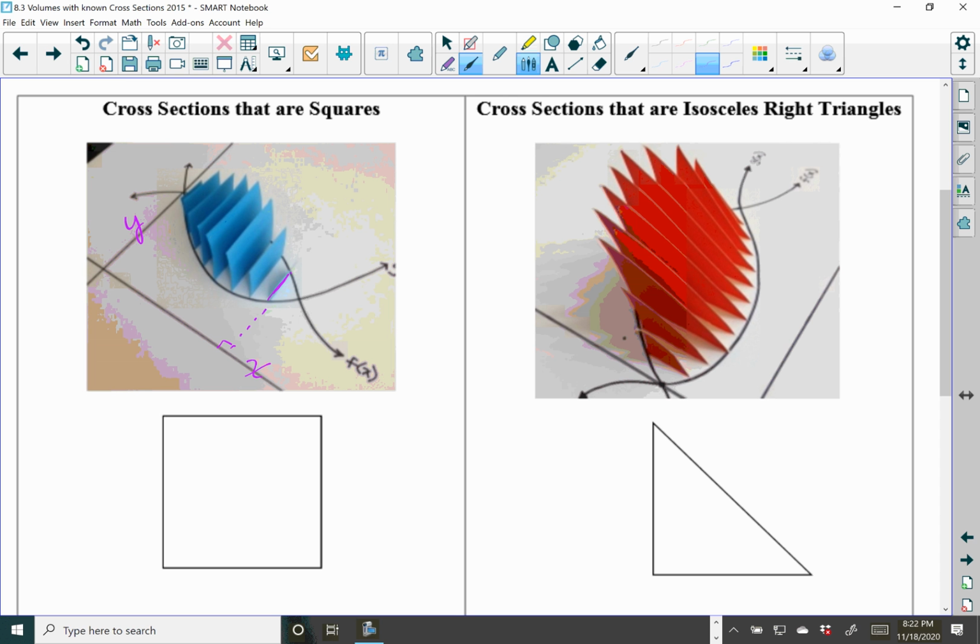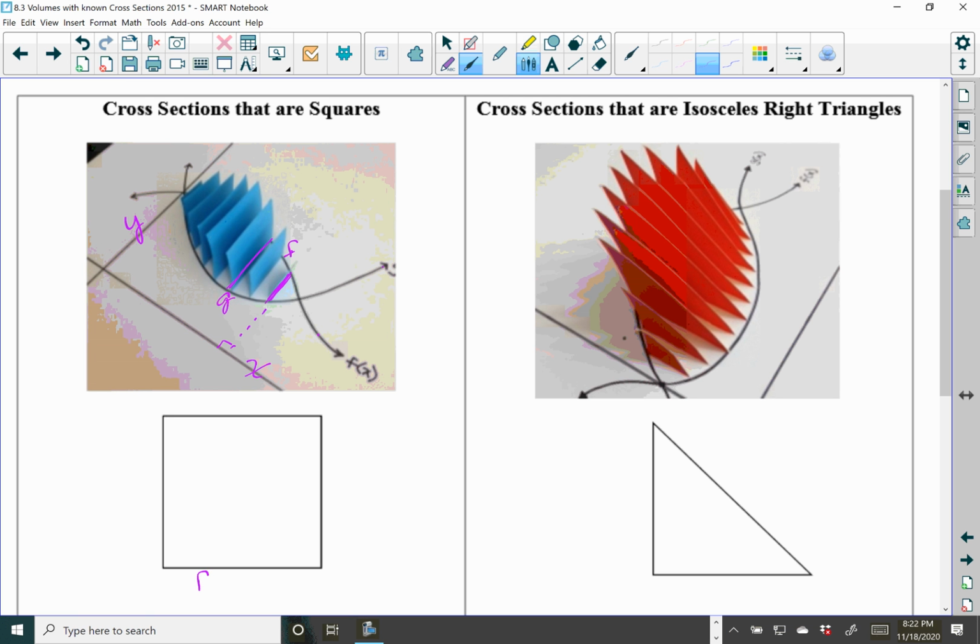So what I need to know is how wide is this at that point, or how wide at that point. And that will determine then the size of my square. The distance from, this is f(x) above, and this function is g(x). I would take my top function minus my bottom function to get the distance across the base.